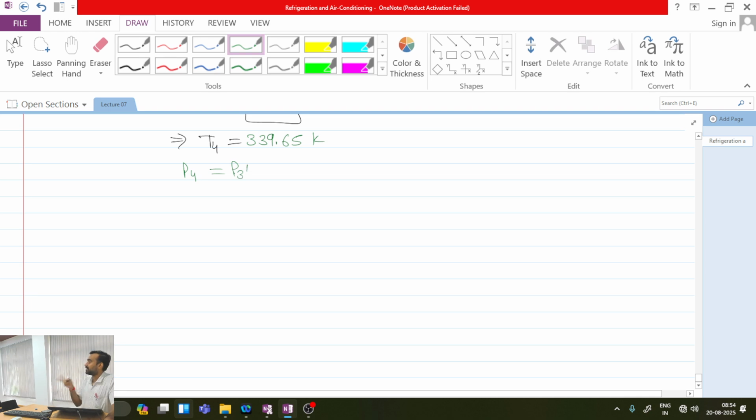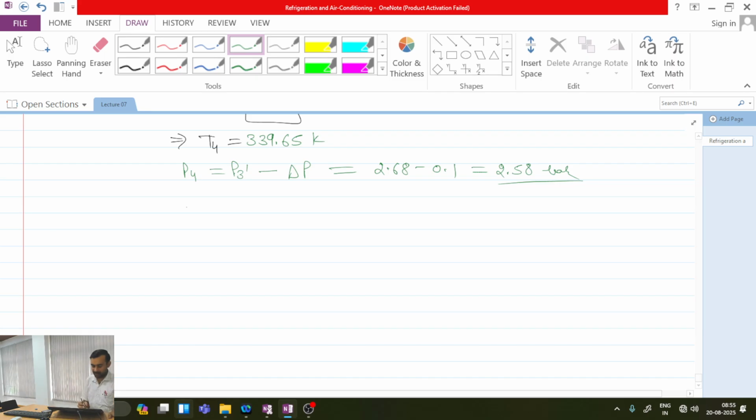P3 dash is the pressure at the inlet of the heat exchanger minus the pressure drop delta P. Because at the inlet of the heat exchanger the pressure will be more, whatever the pressure drop is will be subtracted to calculate the pressure at the outlet. So it will be 2.68 minus 0.1, which comes out to be close to 2.58. So 2.58 bar is the pressure at point 4.